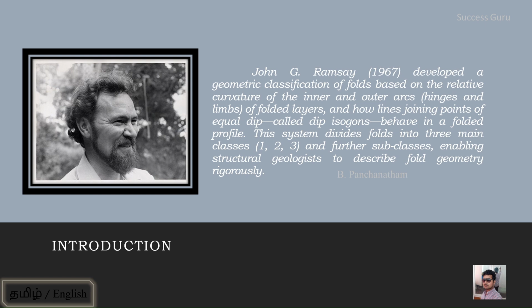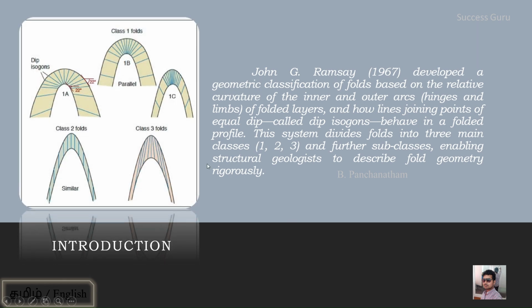The line that joins points of equal dip, he used to call a dip isogon. So he coined the term dip isogon. Say let this be the bed, and this is your bottommost layering, and this is the topmost bedding plane of this particular bed, and this is the inner arc and this is the outer arc, what we are mentioning in the text.